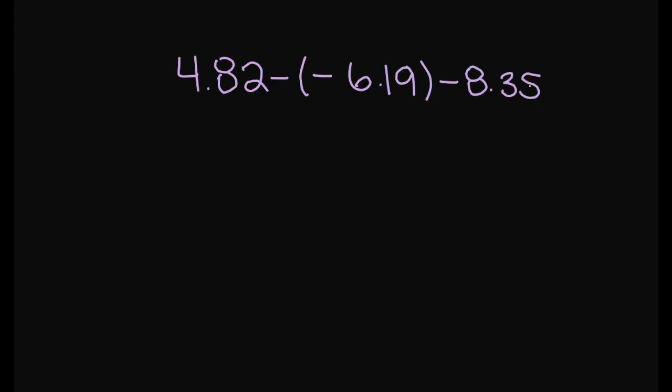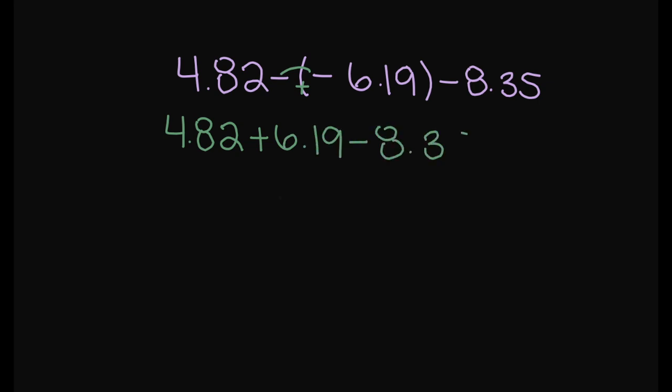Let's look at this example here. We have 4.82 minus negative 6.19 minus 8.35. So first thing I notice here is that these two negatives are going to turn positive. So I'm going to get 4.82 plus 6.19 minus 8.35.